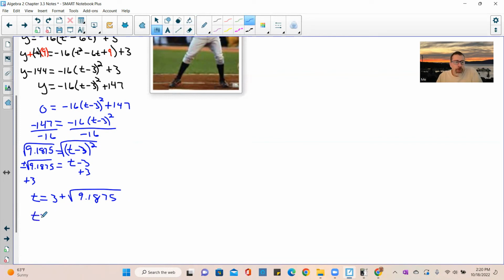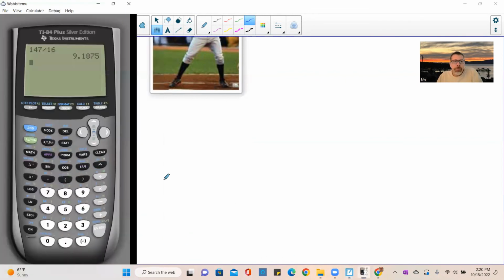So t is going to equal the square root of 9.1875 plus 3. So I take the square root of what I just did, my answer, and that is 3.031 plus 3. So it's 6.031.